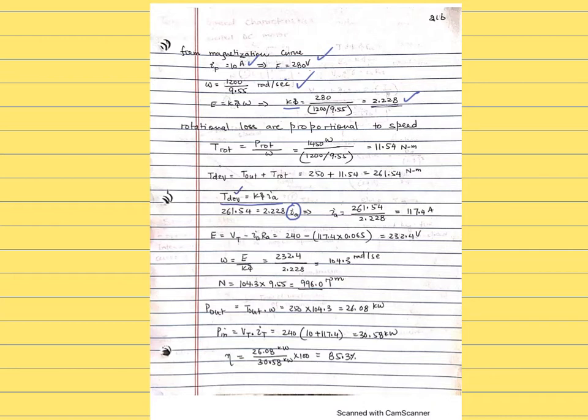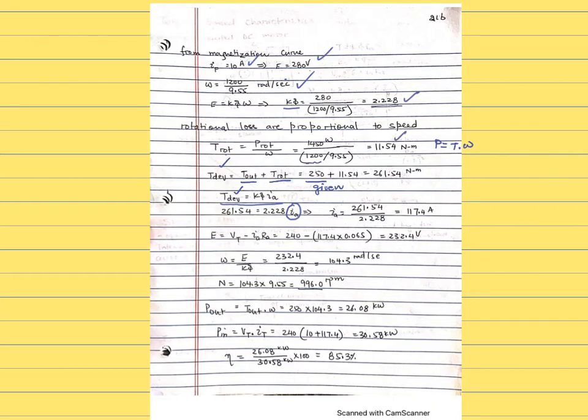T developed is the sum of the T output and the rotational torque. T output is given to us, and we can make use of the equation P equals T times omega. So P rotational equals T rotational times omega. T rotational we need to calculate. P rotational is 1450 watts given at a speed of 1200 RPM.